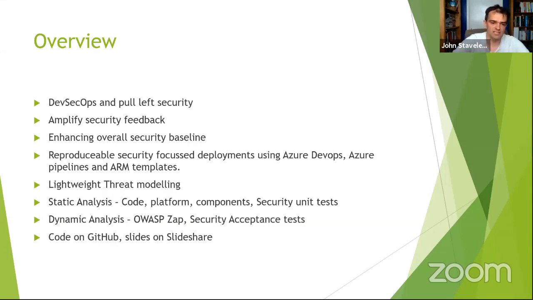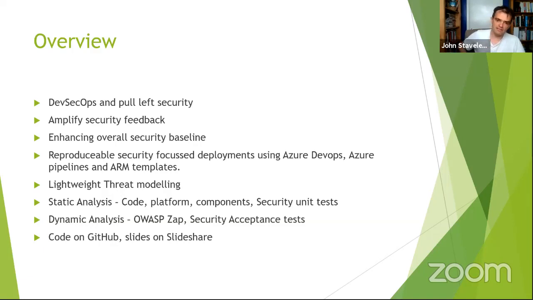So there's a number of techniques we're going to cover today to try and understand better security. So we can do a bit of lightweight threat modeling, so not a bureaucratic process where we convene a team. Static analysis, so that's understanding code, platform setup, because the platform's all automated through an ARM template. What components you're using, that's NuGet packages, NPM, that kind of thing.